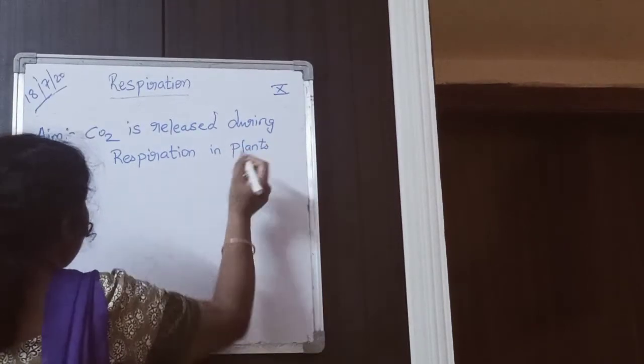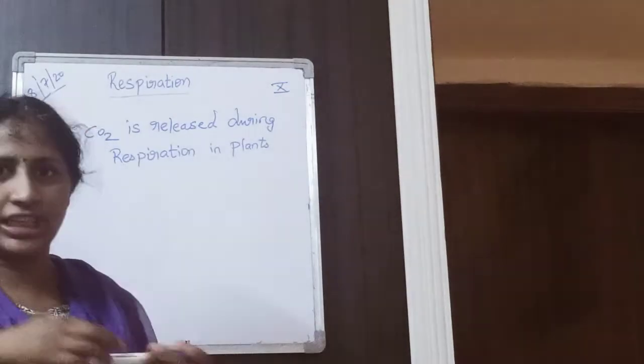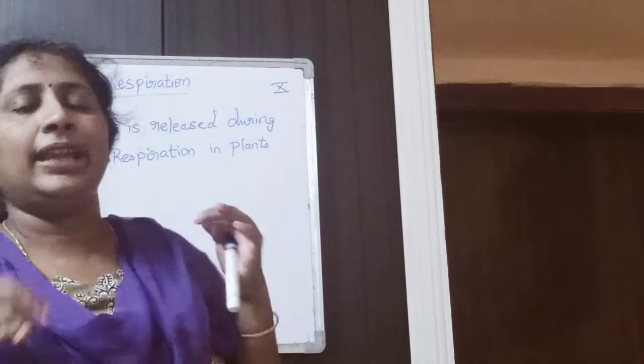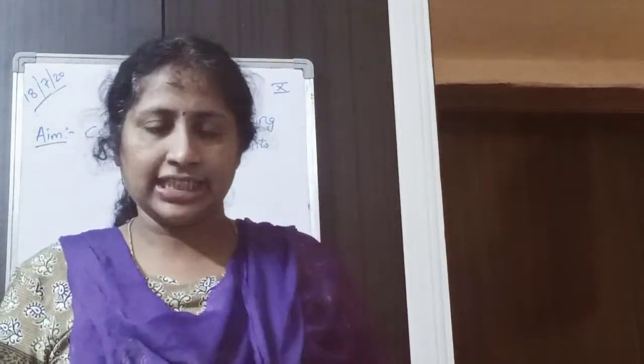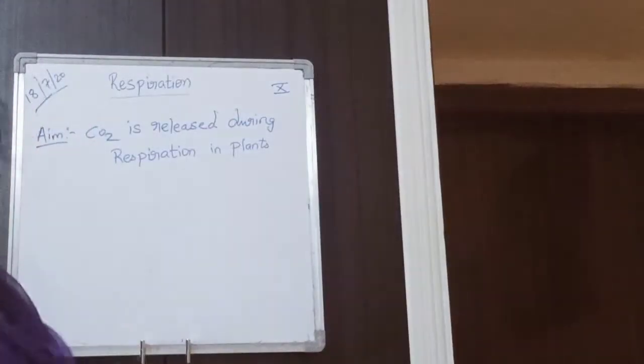We have seen that carbon dioxide is released during respiration in animals. Now we have to see whether in plants also carbon dioxide is released, or any other gas. So we will conduct an experiment. This will be the aim: carbon dioxide is released during respiration in plants.